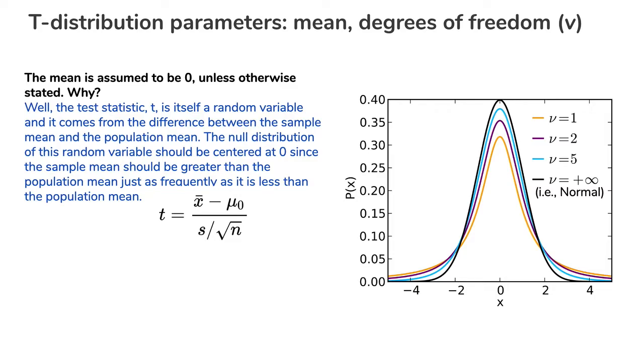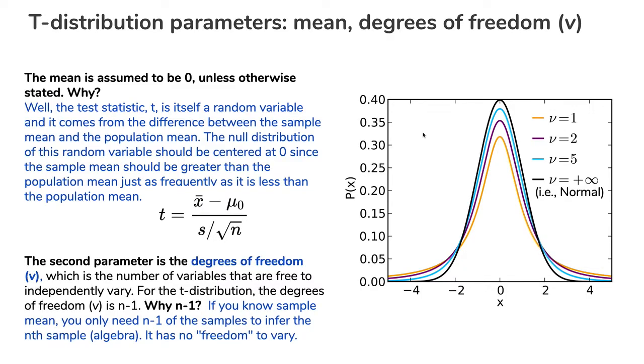So that's the first parameter, but it's essentially a constant. It's 0. The other parameter is the so-called degrees of freedom, which is a term that's thrown around all the time in statistics. And I'm not sure if everyone has intuition about that, so I thought I'd just cover it.